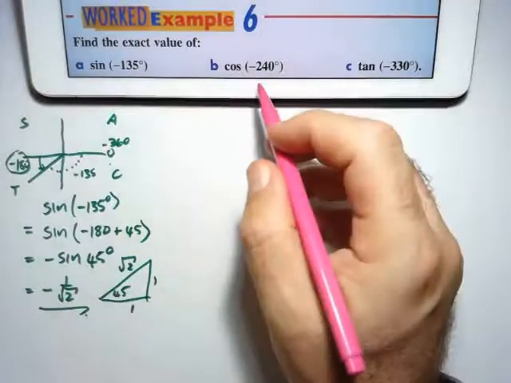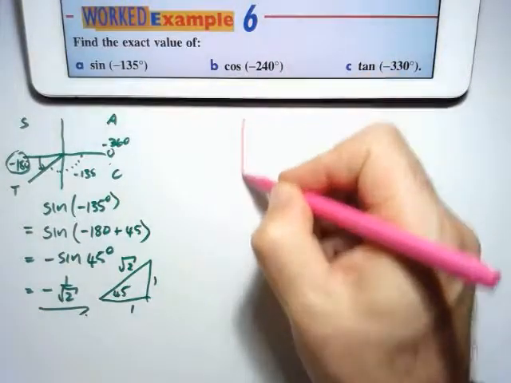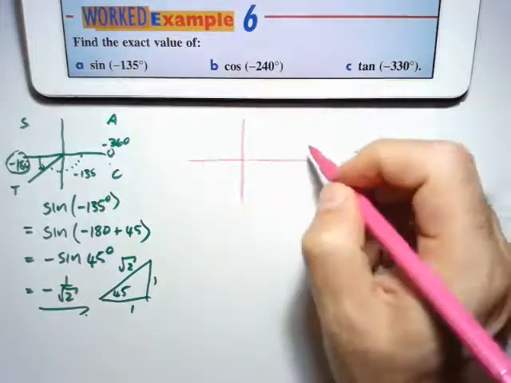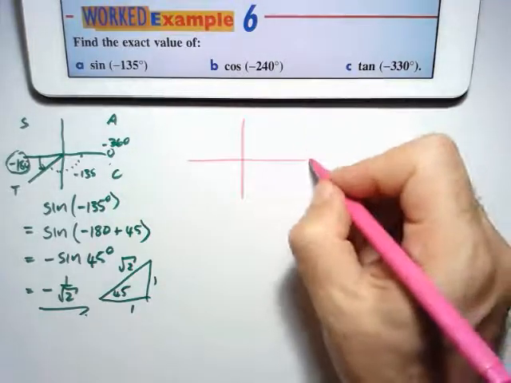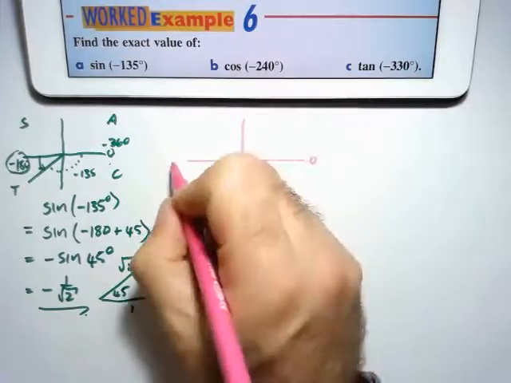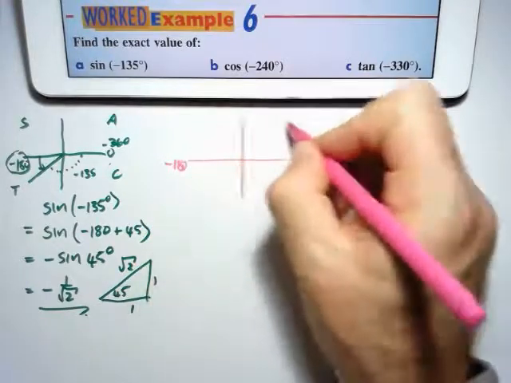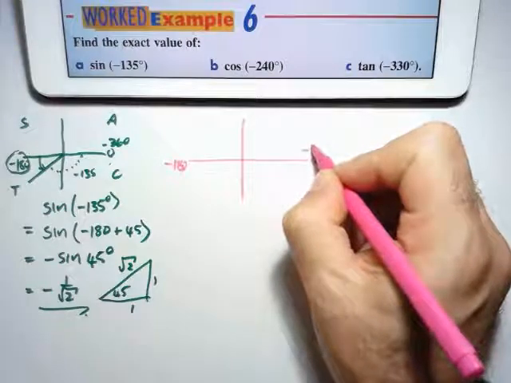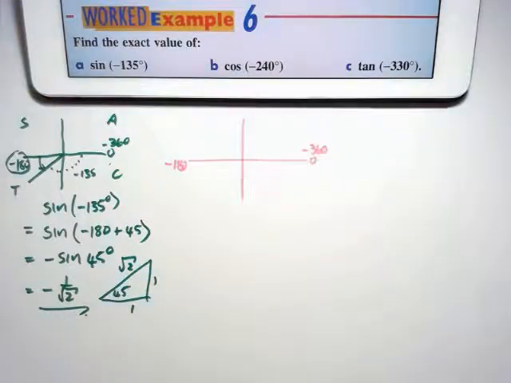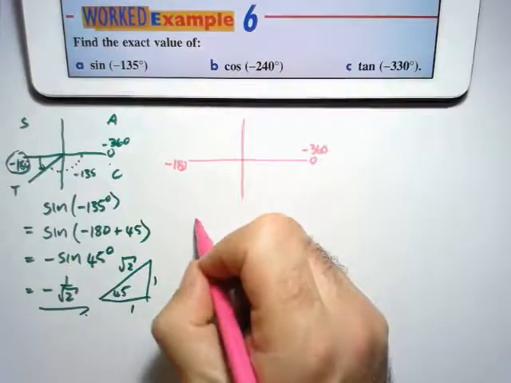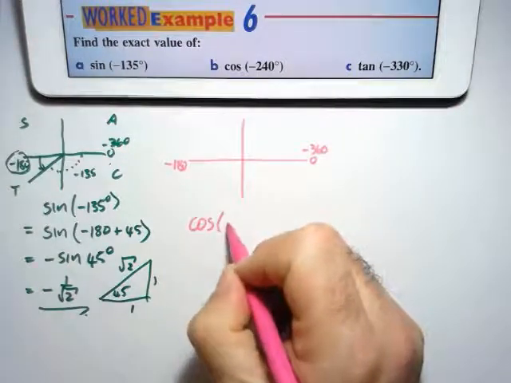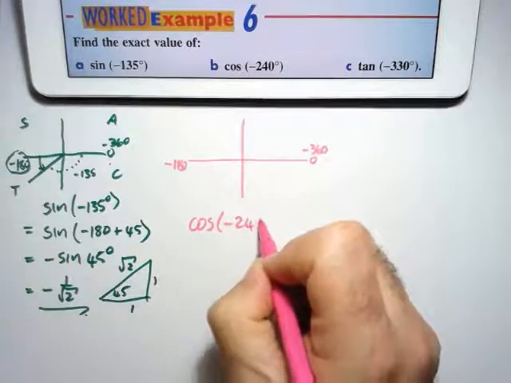For cos of negative 240, let's do the CAST a little bit bigger. I'm starting at 0. Then I'm going to go to negative 180 because I'm coming in a negative direction, and I'm going to finish at negative 360. Okay, cos of negative 240 degrees.